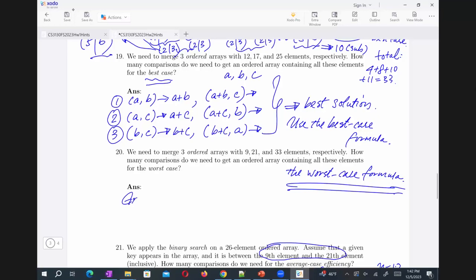The greedy algorithm works for one of the two cases. Here I do not tell you which one, so you need to do experiments by yourself.